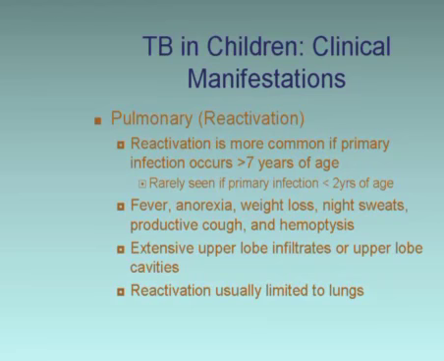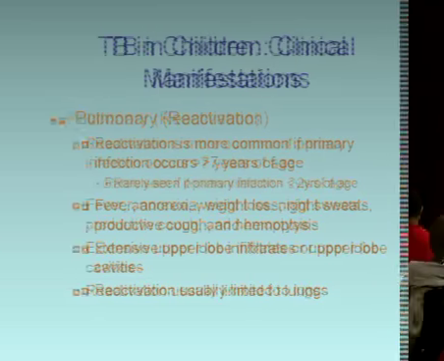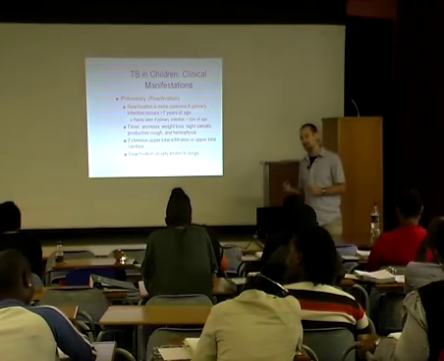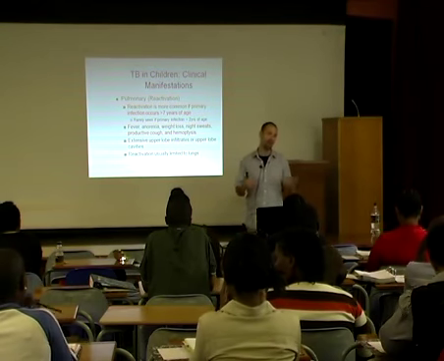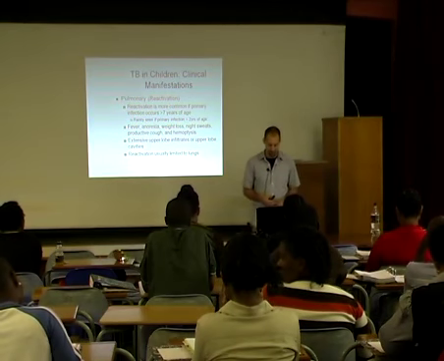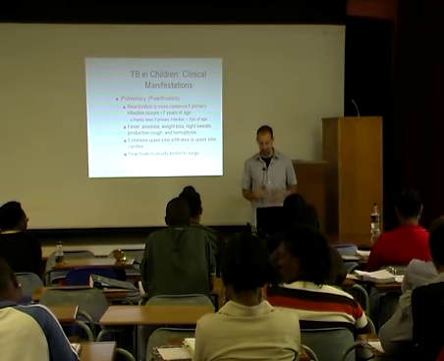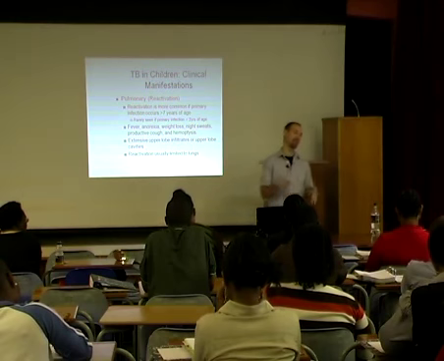So reactivation disease is much more common in older children and in adults and in those who are HIV negative. Reactivation is much more common in these groups. And these are much more symptomatic and much more commonly present in the way you think TB should present. More commonly with a chronic cough, fever, weight loss, night sweats, productive cough, maybe even coughing up blood.